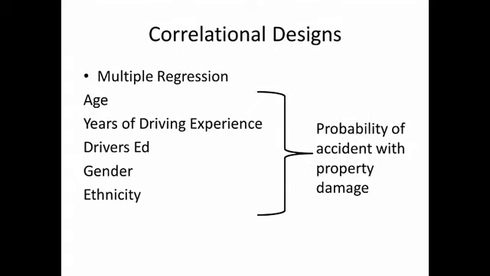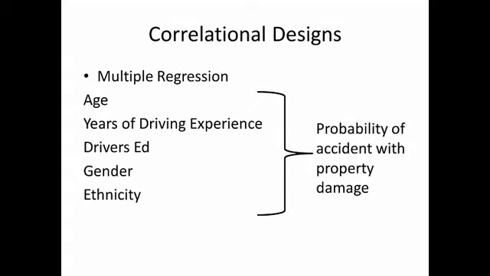So perhaps altogether, these factors account for 75% of the probability of having an accident. But which one of them is the most important? Well, of that 75%, maybe age is 15%, years of experience 52%, driver's ed 3%, gender 4%, and ethnicity 1%.